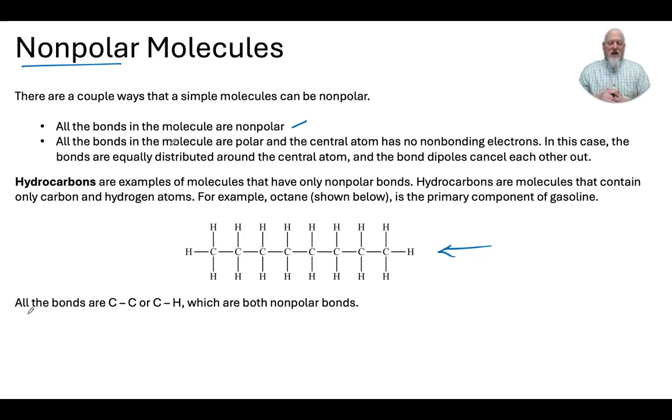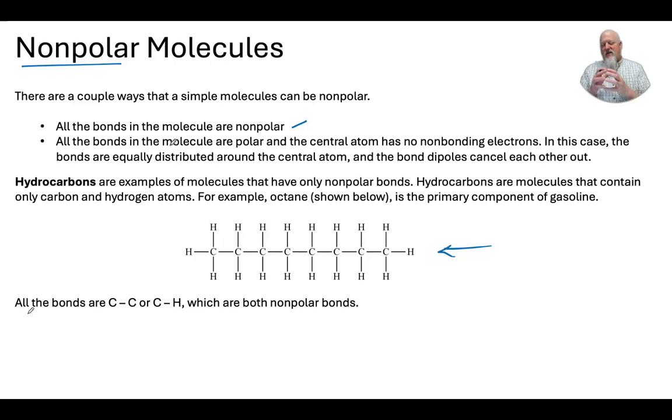Like we saw with CO2, where it's linear, but one bond goes this way and one bond goes this way. Or trigonal planar, where the electron groups are equally spaced around the circle, like a triangle. Or tetrahedral, where the 4 electron groups, in this case 4 bonds, are equally spaced around the central atom.